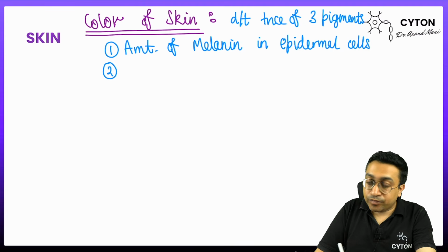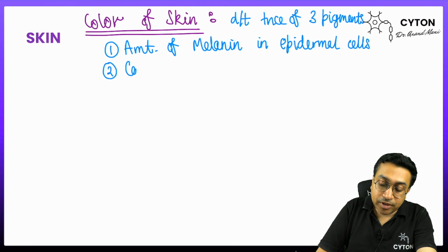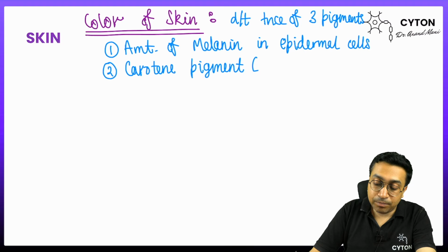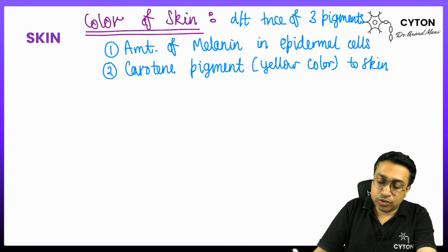Number two, we have the carotene pigment, which imparts yellow color to the skin.